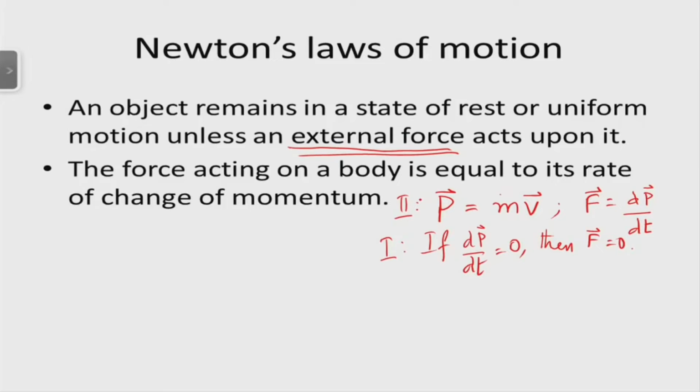So, a second way of thinking of Newton's second law is in terms of the rate of change of position, written as velocity equal to dx/dt, where x is the position vector of a body.